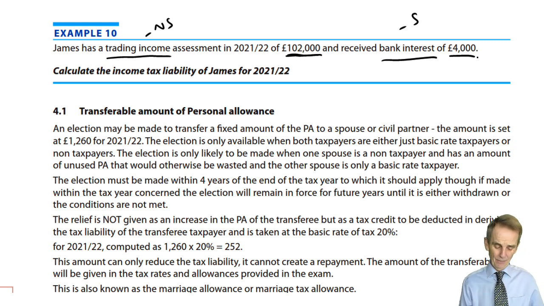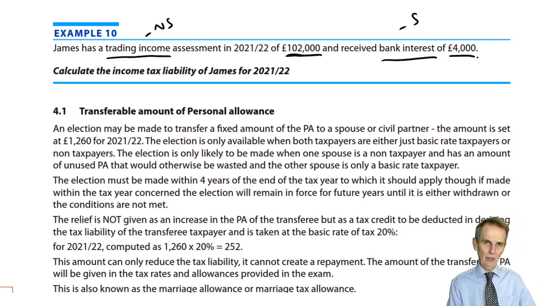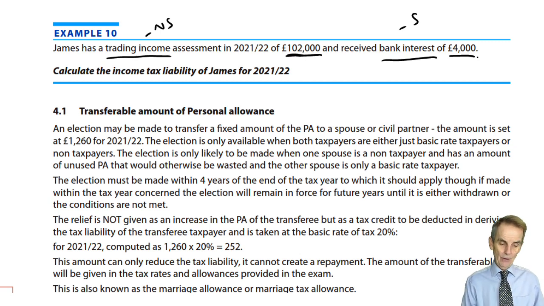That means two things. One, at £106,000, you've gone above 100,000 in terms of net income, and likewise here adjusted net income. So there's going to be a fairly obvious reduction. 102 plus 4 is 106 minus 100, take 50% of it. An obvious reduction in your personal allowance. You'll take away that personal allowance, firstly from, and given the size of it here, only from your non-savings income, and then you'll proceed to tax.